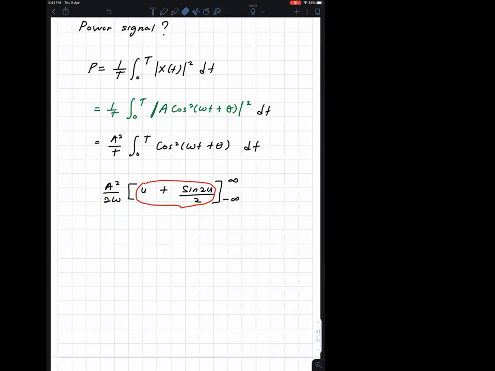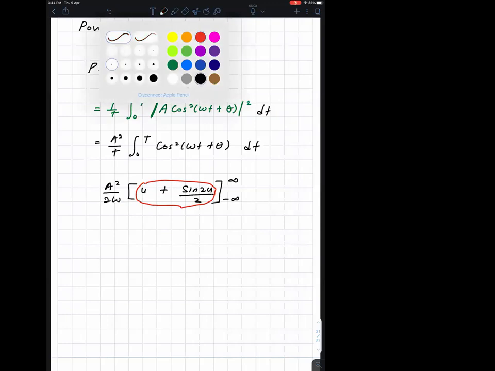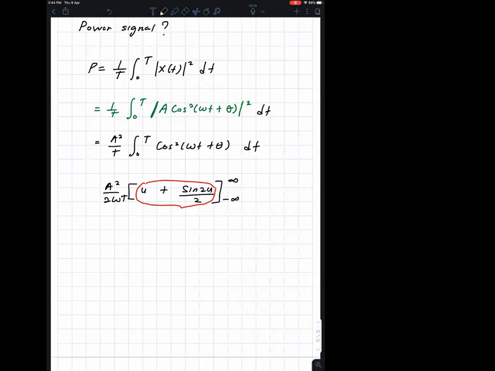But in addition to that, we also have a T. There may be small changes, but it is not going to make much difference in the final result. Now this is going from 0 to T. Substitute the upper and lower limit.